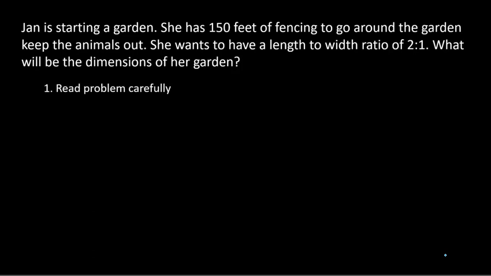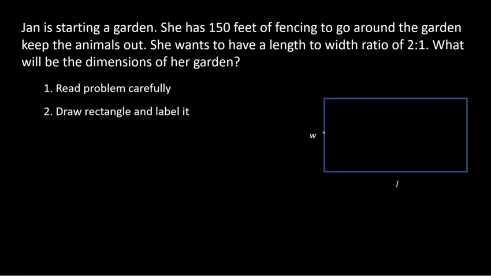All right. From here, we want to draw a picture, if applicable, and then maybe label the picture. So it says we have a rectangular garden. And I guess we are assuming it's a rectangle because most gardens are rectangles. And so here we have a rectangular garden where we have the length and we have the width.